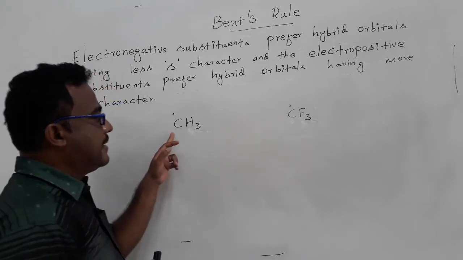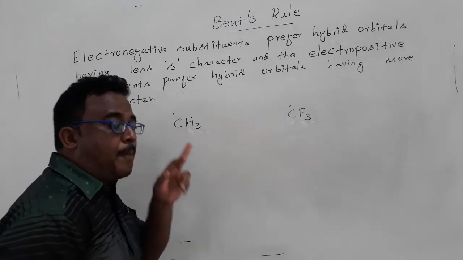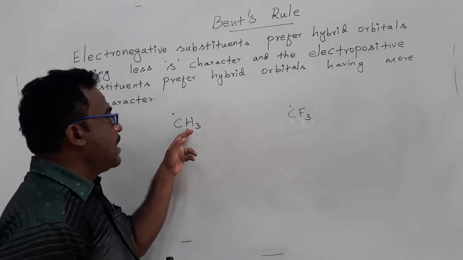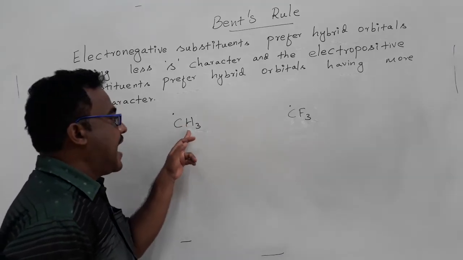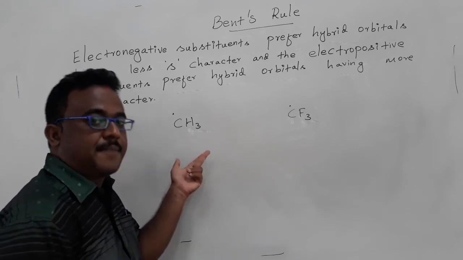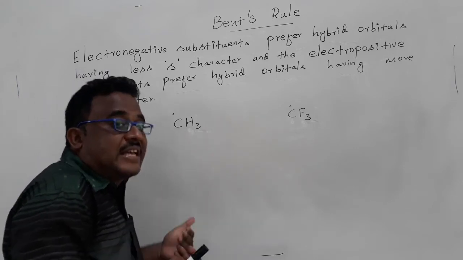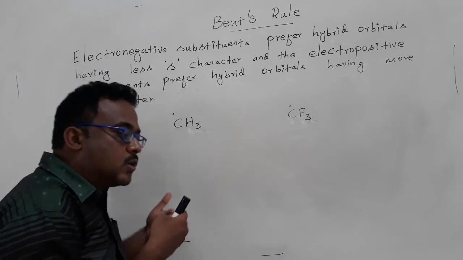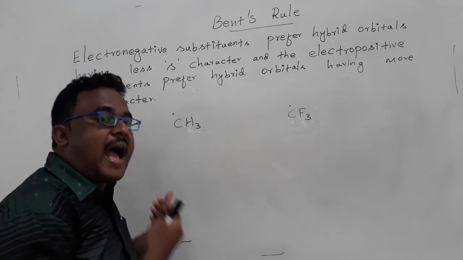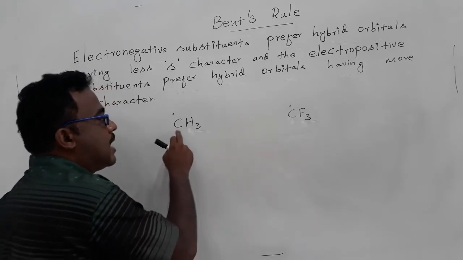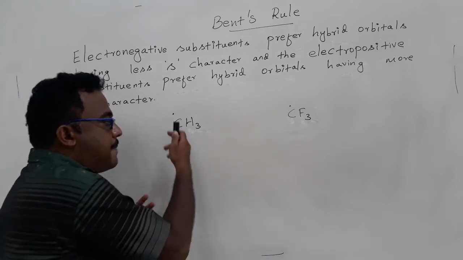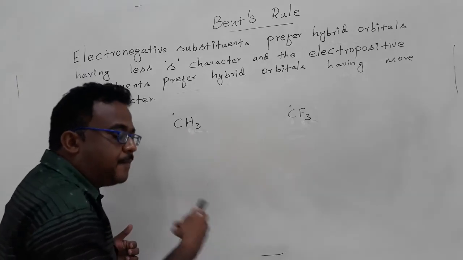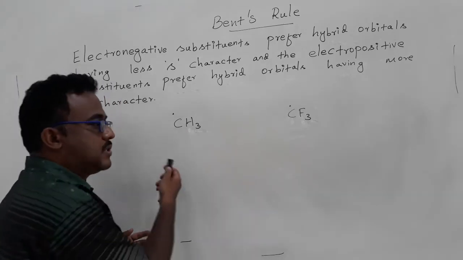If you consider the methyl radical, carbon with three electropositive substituents, I mean three hydrogen atoms, the hydrogen is considered an electropositive substituent. So it likes to seek more s character, it needs more s character. Only then can it undergo strong bonding, and the overlap integral will be higher. So in that case, which hybrid orbital can provide three bonding pairs of electrons? The best one is sp2.